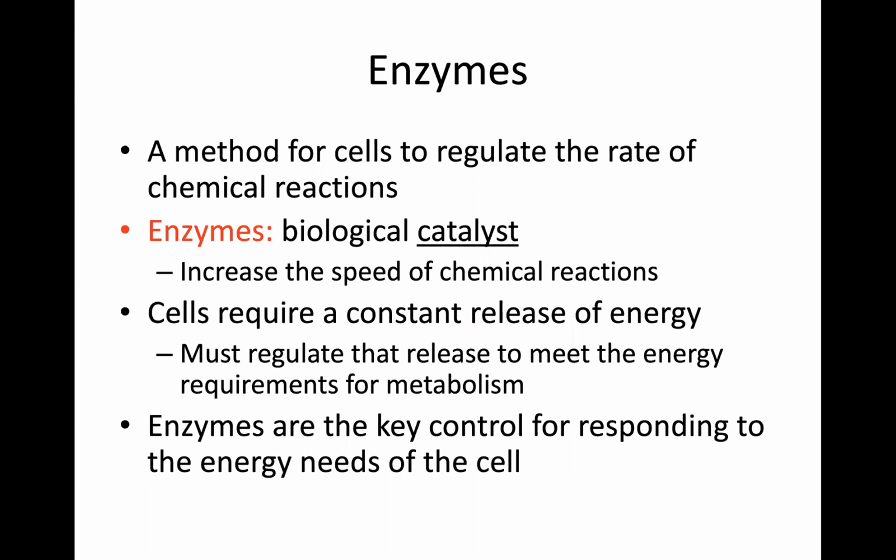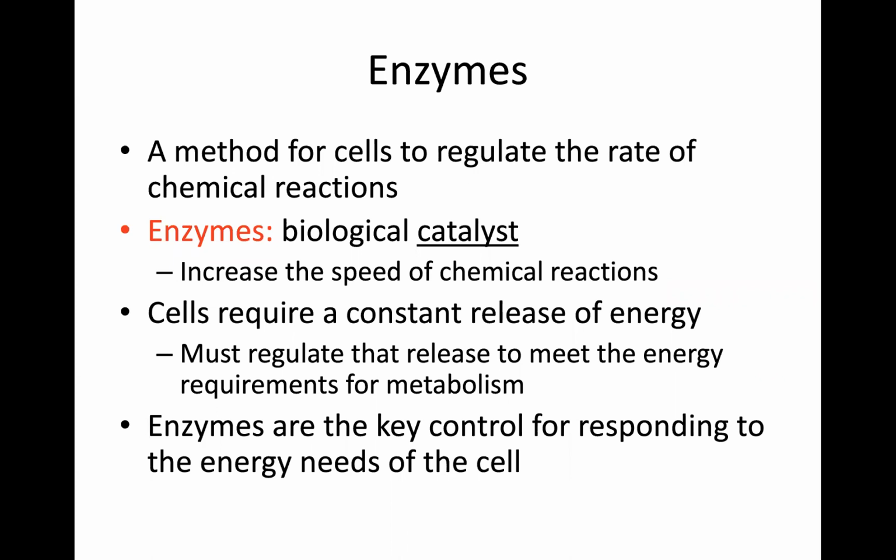So yes, we've got this energy requirement, but we can also alter or speed up the rate of the chemical reaction by the presence of enzymes. Write this term down, enzymes. Enzymes are biological catalysts that function by increasing the speed or rate of a chemical reaction.